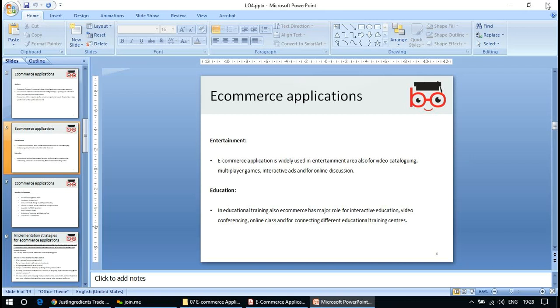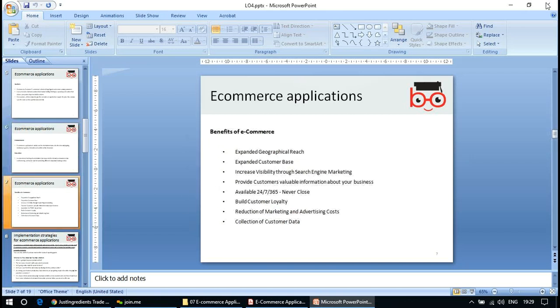But if it's a completely automated one, you are supposed to listen to the classes, and the exam would be conducted online, perhaps in MCQs, multiple choice questions. Then education is one of the e-com applications as well.